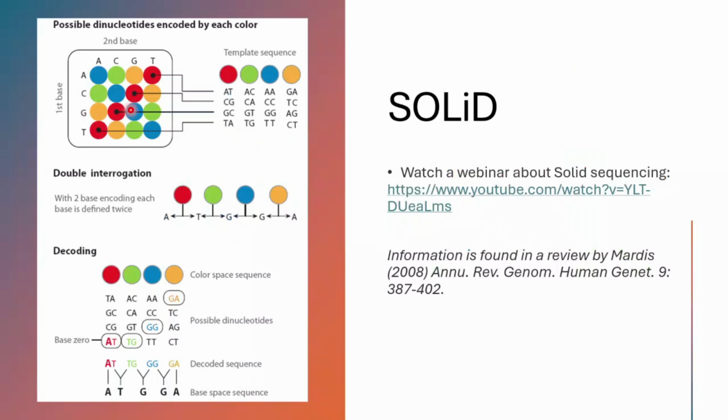So if your first base is T and the second one is A, you make red light. If your first base is G, second one is C, you'll make red light. CG makes red light, and AT makes red light. So then how do you differentiate between these 4?